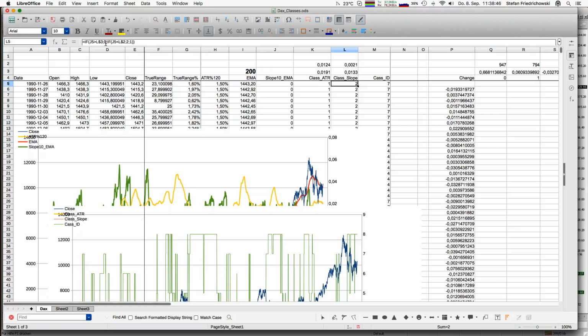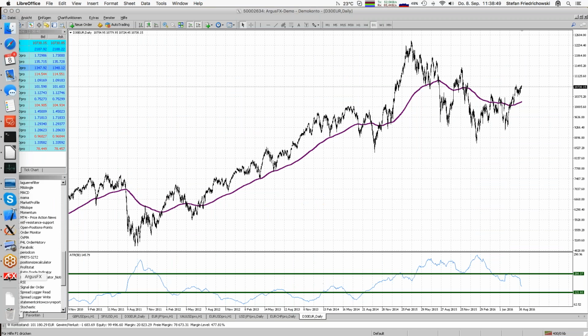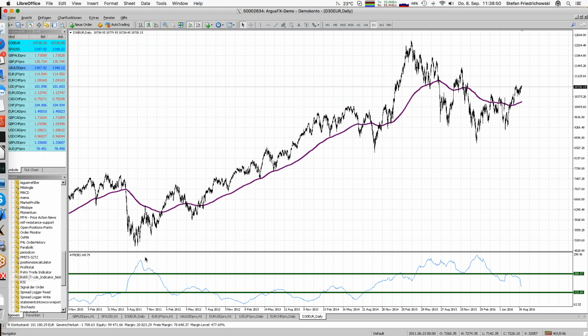And do you remember what that means? Looking back to our chart, high values for slopes and low values for ATR, that would be exactly that region, that range within the chart.